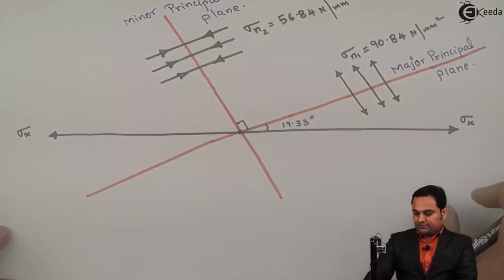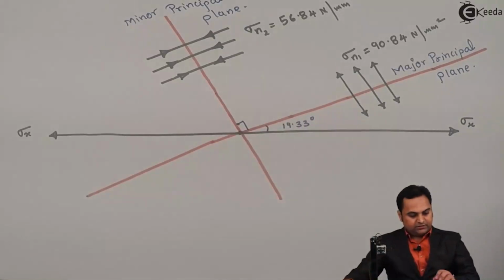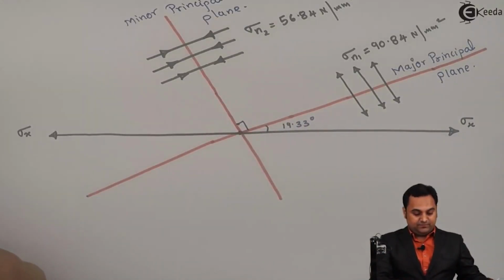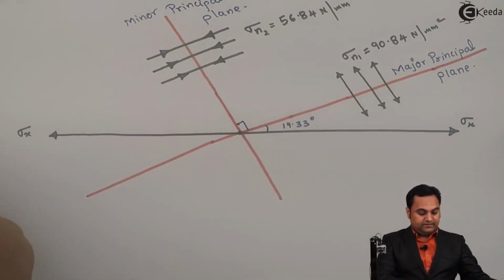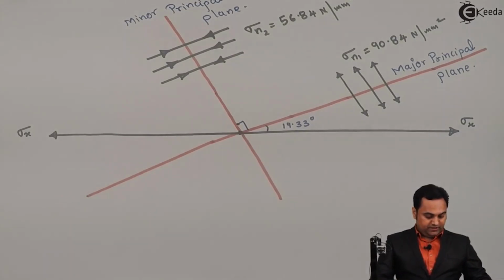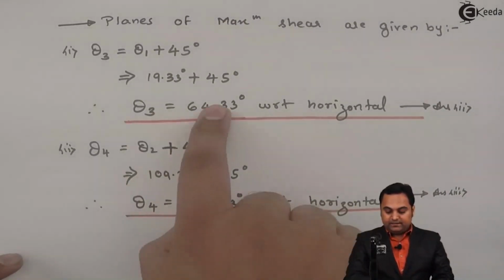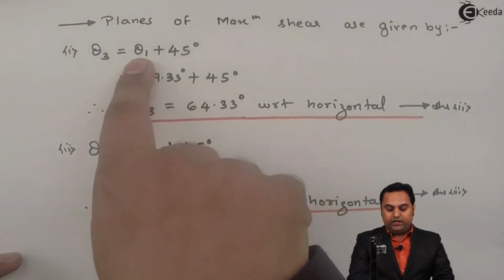Now after marking the major principal plane, minor principal plane along with the stresses, the next thing is the plane of maximum shear, and the location is theta 3 and theta 4. So theta 3 is inclined at 45 degree to theta 1.